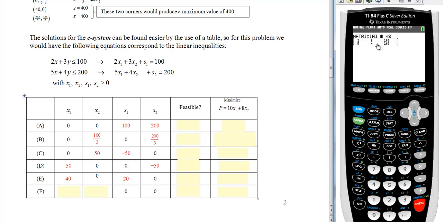So I've got 2, 3, 100, 5, 4, 200. So let's quit that. And I can use my matrix. Under math, remember RREF, that's row reduced echelon form of that matrix. Let's go frac it.